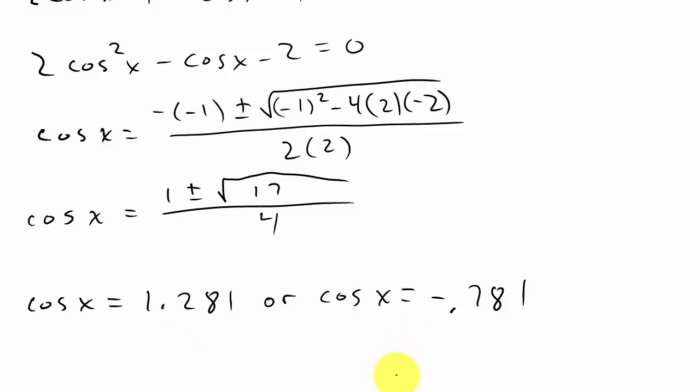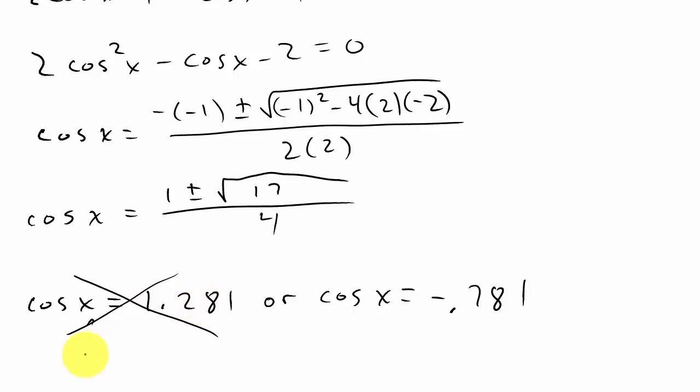Well, if you remember, whenever you take the sine or cosine of an angle, you will never get a solution greater than 1. So this right here can't happen. This one we know will not be a solution because this value here is larger than 1.